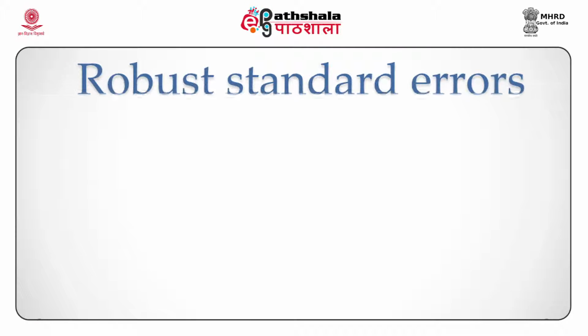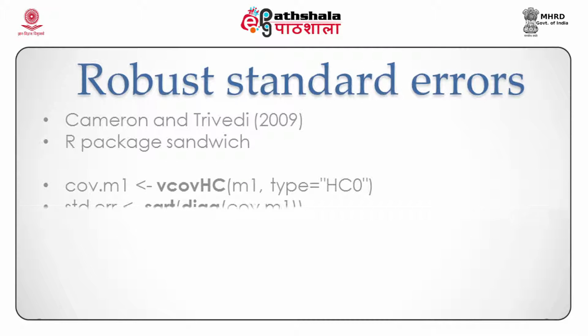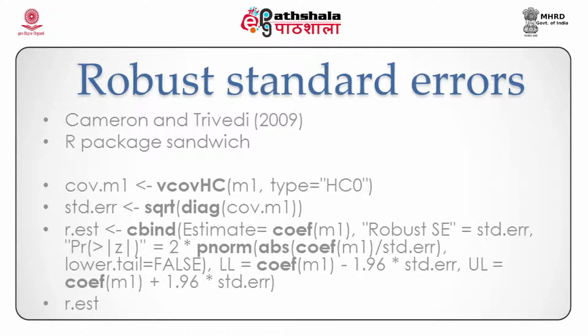Cameron and Trivedi in 2009 recommend the use of robust standard errors, that is, standard errors which are robust to slight misspecifications of the assumption that the means and the variances are identical within each category of the covariate. The robust standard errors can be obtained using the R package sandwich. So here we have defined an R object cov.m1 and used the vcovHC function on m1 with type equal to HC0.